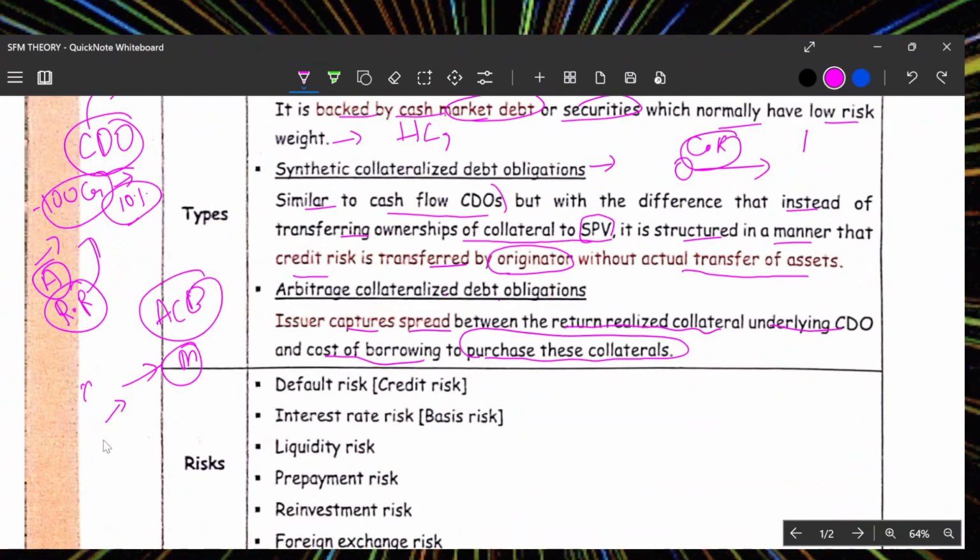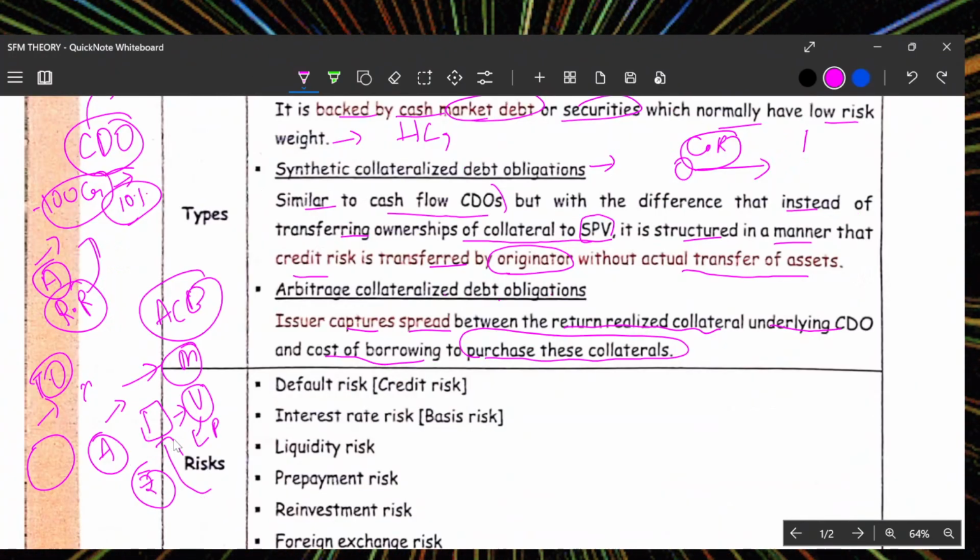There will be a cost of borrowing that they will recover to purchase that collateral. If the CDO fails or they fail to repay the amount, the arbitrage will say: this is the cost of the loan, this is the value of the property, and to liquidate this property these will be the charges involved. After this, the realistic amount is what the arbitrage would say is the actual value of this loan.